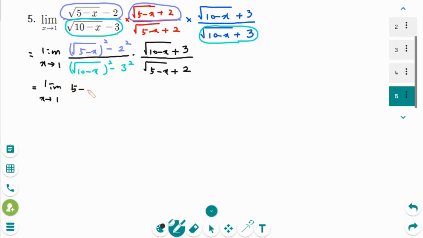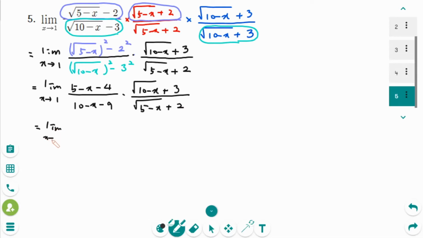So 5 minus x minus 4 over 10 minus x minus 9 times, keep the second fraction, and then simplify. 5 minus 4 equals 1 minus x over 10 minus 9, 1 minus x, and the same fraction like this.